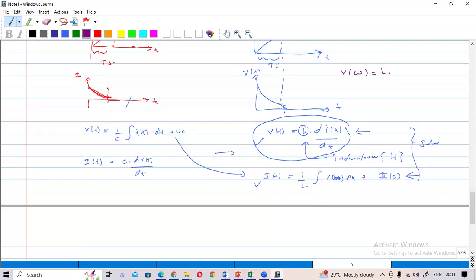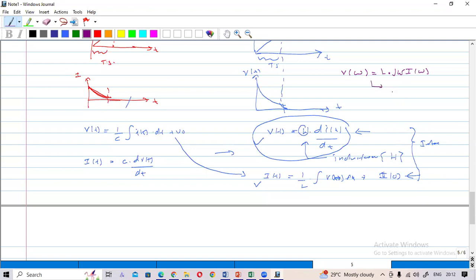If we get the Fourier transform of i(t), let's say I(omega), now you have to take the derivative of I(omega), so you will have J omega here, like this.